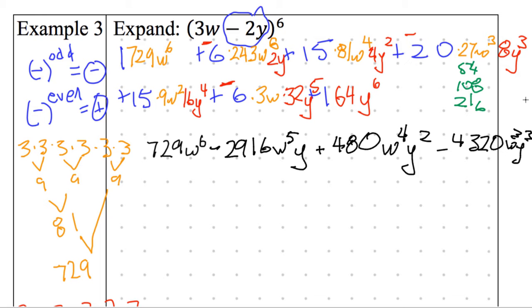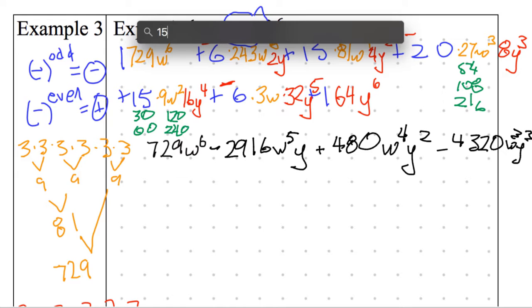Here's my scratch work. 15 goes to 30, then 60, then 120, then 240, which means 15 times 16 is 240. And that makes sense, right? 1, 2, 3, 4. I'm doubting myself. 15 times 16. Yeah, I got it.